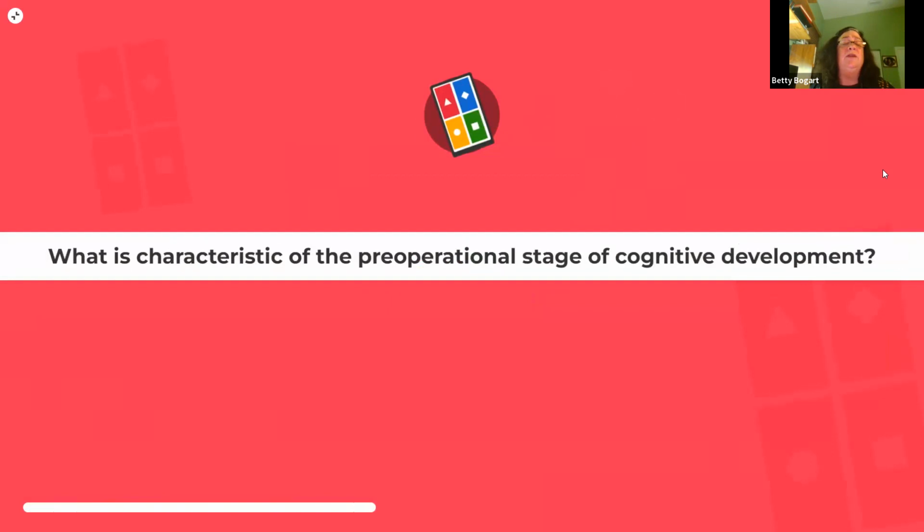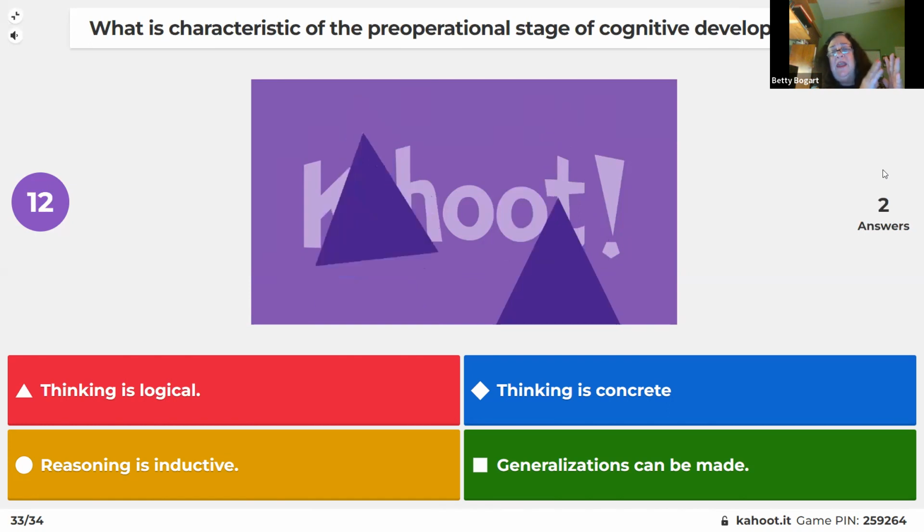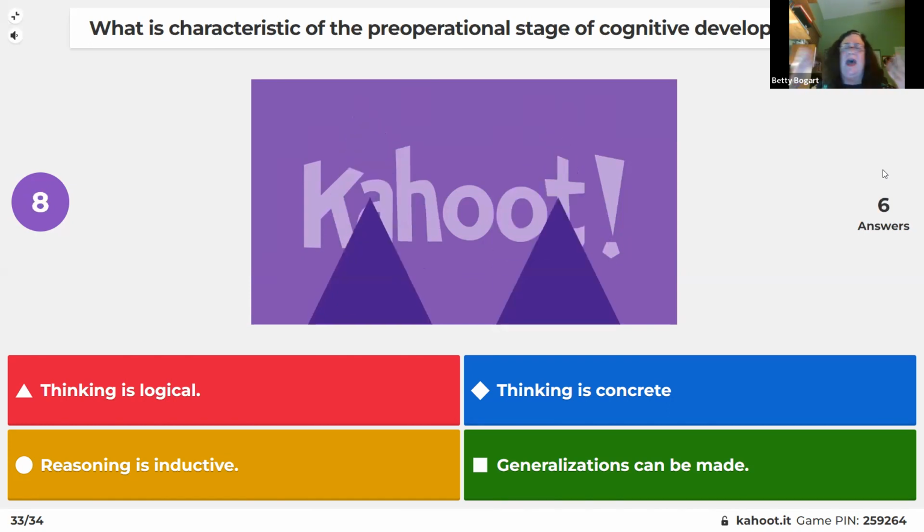What is characteristic of the pre-operational stage of cognitive development? This is Piaget again. Remember, he talks all about thinking, and he talks about thinking of the young children all the way up to adults and how to interpret those things.